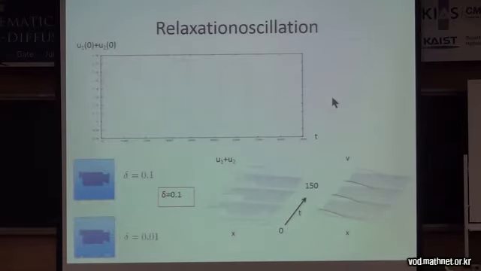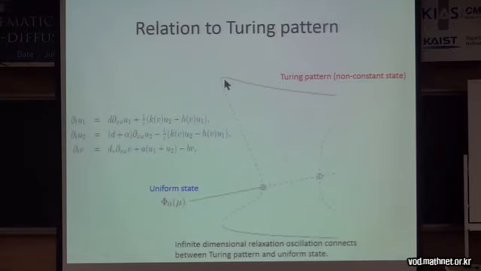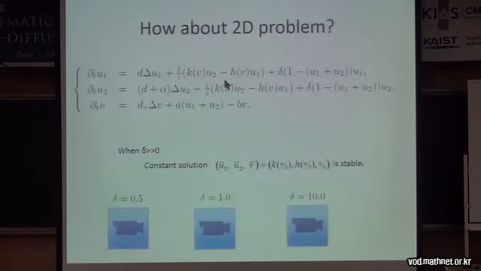This is a numerical simulation. If delta equals 0.1, then it behaves like this, and if we take delta equals 0.01, then the period becomes longer like this. The time profile is like this. I omit this part.